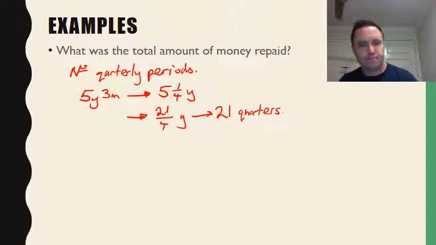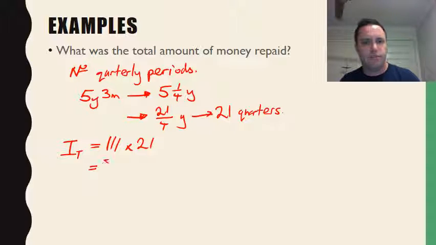Okay, so let's look at the total amount of interest she paid. So the total amount of interest she paid would be the interest times the amount of times she had to pay it. So that was 111 per quarter multiplied by the 21 quarters, which leaves us with $2,331. Okay, now what's the total amount?